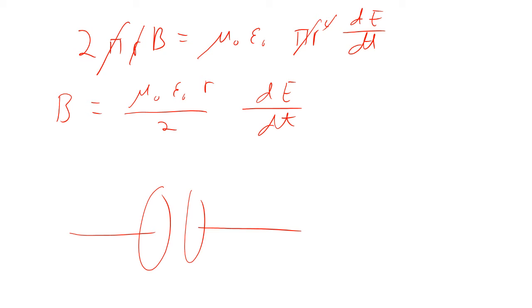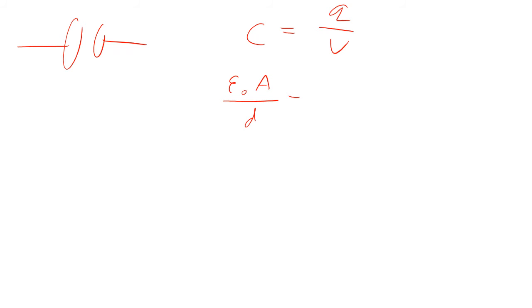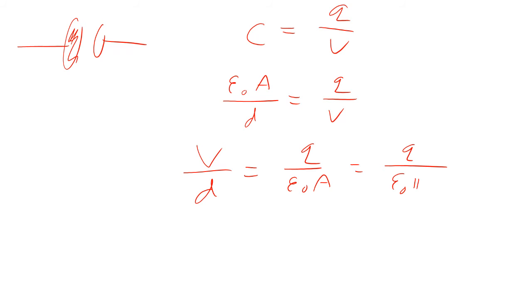For a capacitor, the definition of capacitance is Q over V. If it's a parallel plate capacitor, we have epsilon naught A over d equals Q over V. So we do a little bit of algebra: V over d equals Q over epsilon naught A. The A is the area of the entire capacitor, so that's Q over epsilon naught pi big R squared. Little r was how far out we are; big R was the radius of the entire capacitor.